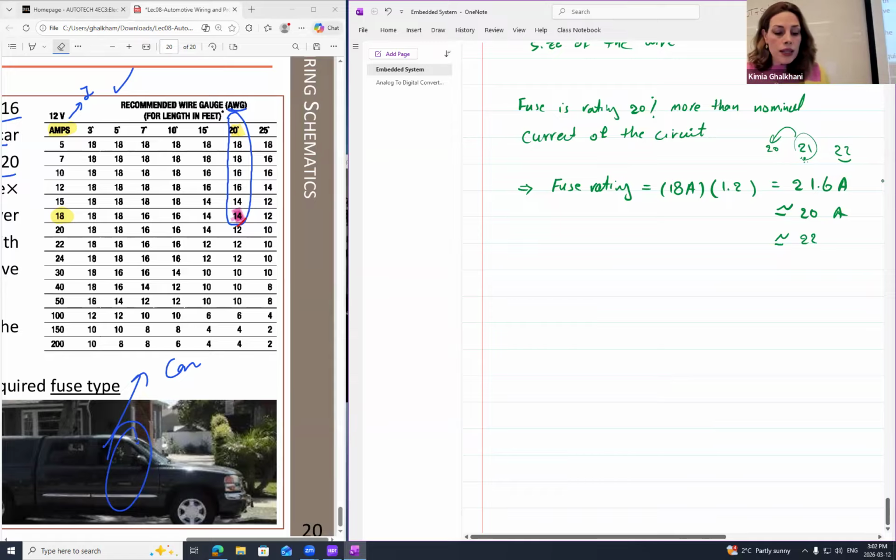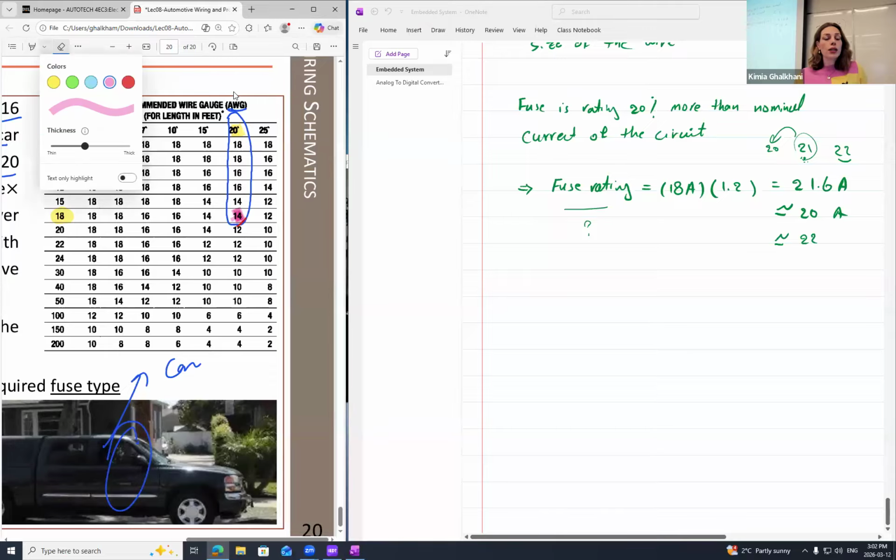So this is it. Anyone who has a question, feel free to ask. It's important to learn how to calculate the fuse rating, and how to figure out the right size of the wire for your circuit. This is one example, but this equation and this method of calculation is general.